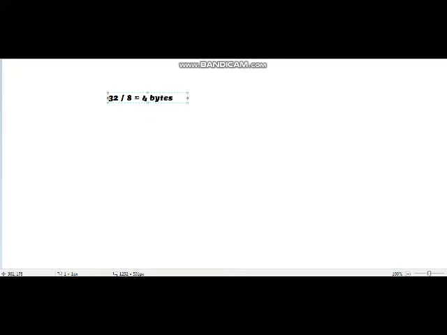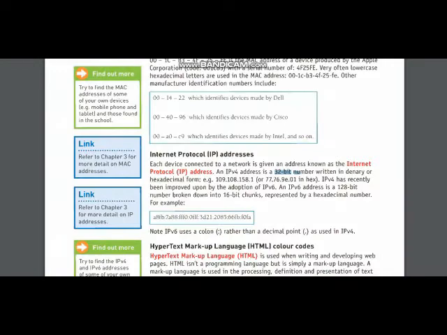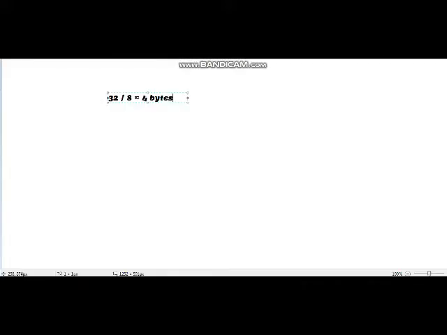The older IP addresses comprised 4 bytes. The older IP addresses were called IPv4 because they comprised 4 bytes. Now the newer IP addresses comprise 128 bits.